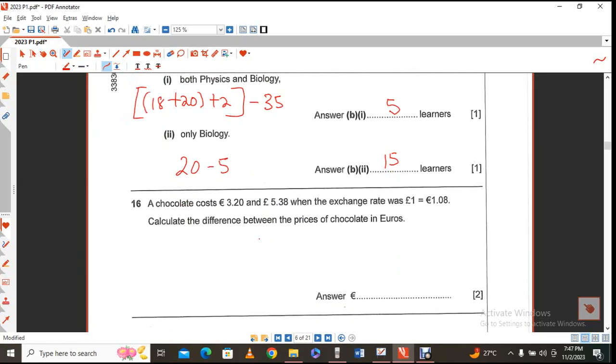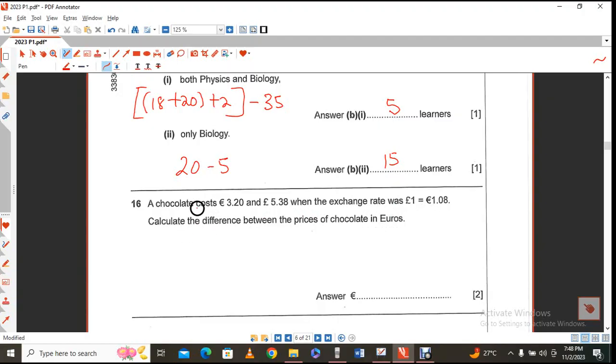Question 16. A chocolate costs €3.20, I guess, and £5 and 38 cents in a different country that they are using pounds. When the exchange rate was £1 is equivalent to €1 and 8 cents.